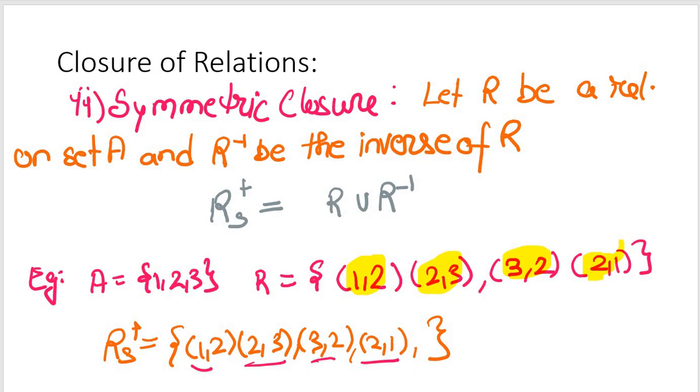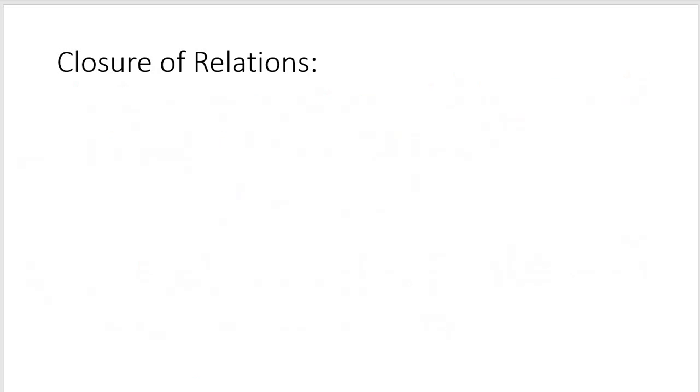So let's take another example so that things will be much clearer in case of your reflexive and symmetric closure.